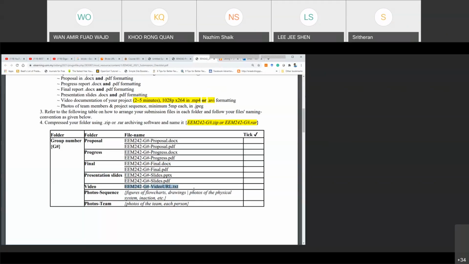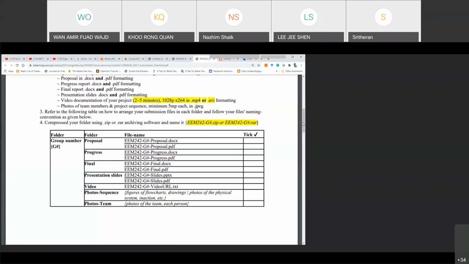Then the final presentation, video, photo sequence and photo themes, all of these you compress using zip or RAR archiving software, and then you name it EEM242 group number, either zip or RAR.